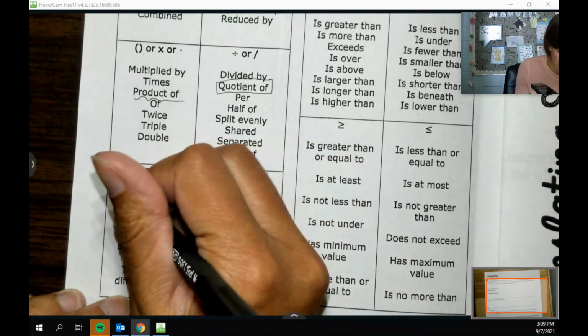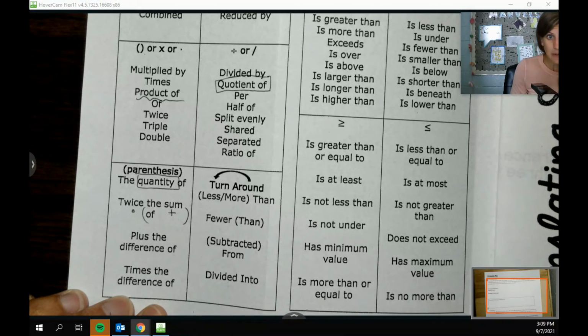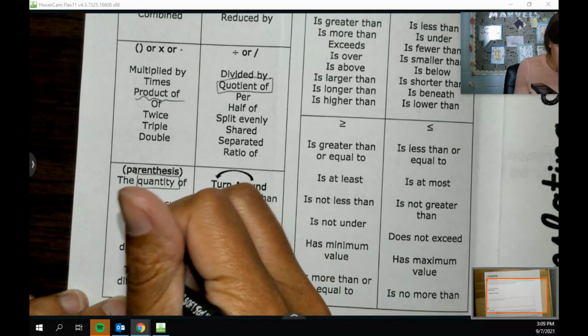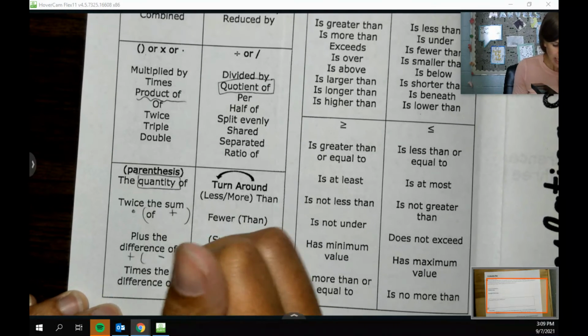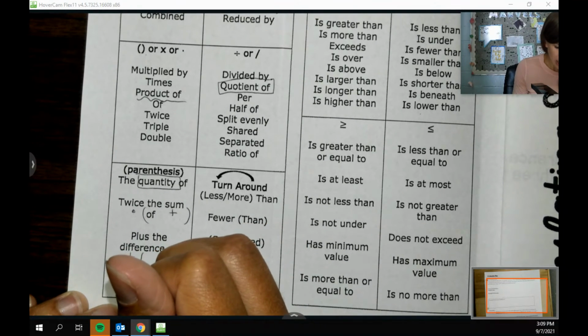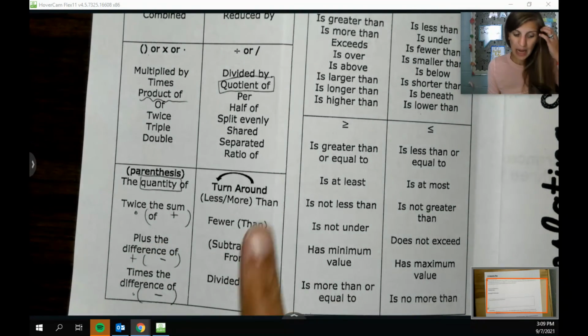So that really means I need to put parentheses. So like times the sum would be times parentheses plus, or plus the difference of would be plus parentheses subtract, or times the difference of would be times parentheses minus.